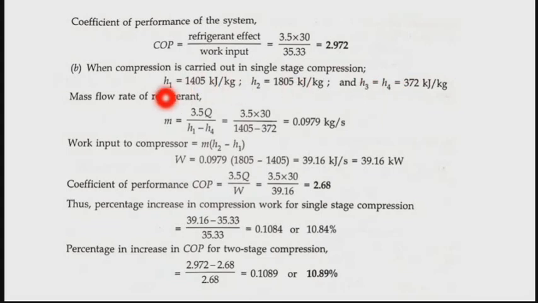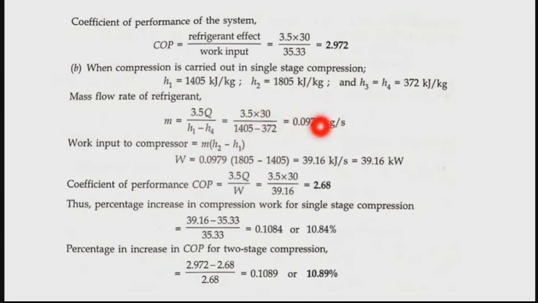So in the single stage the enthalpy values are different, and you collect the enthalpy values and find the mass flow rate. So M is equal to 3.5 Q divided by (H1 minus H4), which is equal to 0.0979 kilogram per second, which is the mass flow rate.